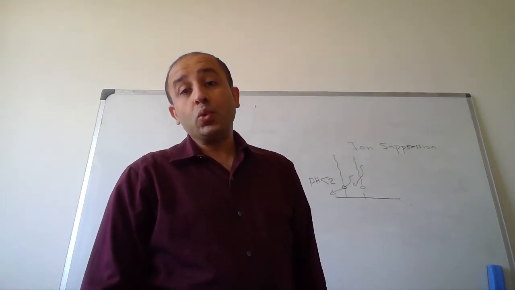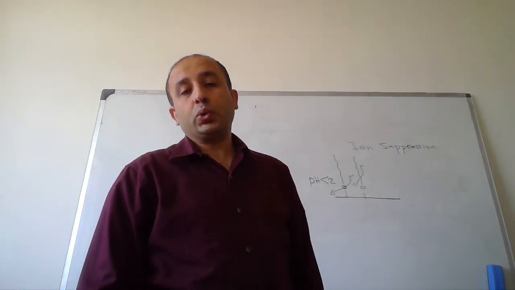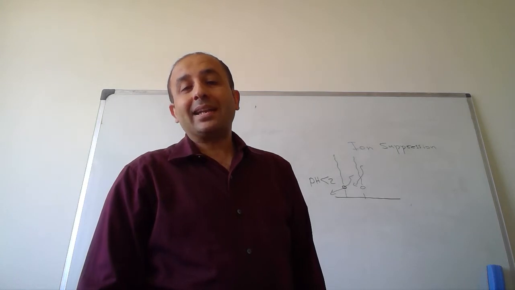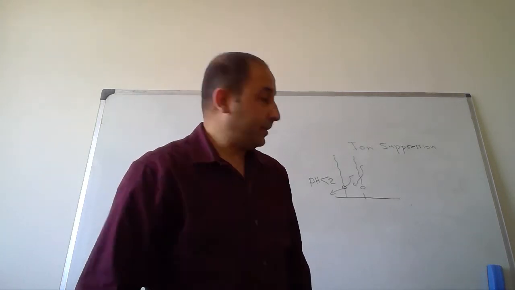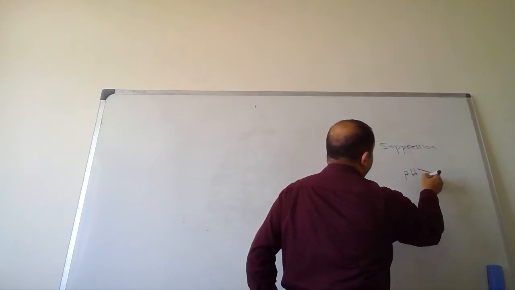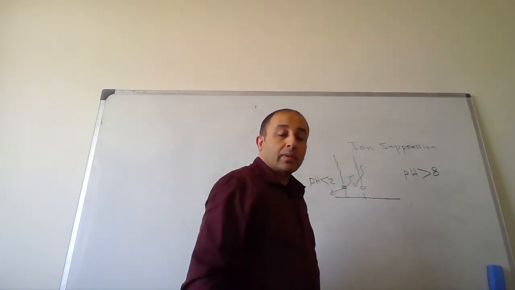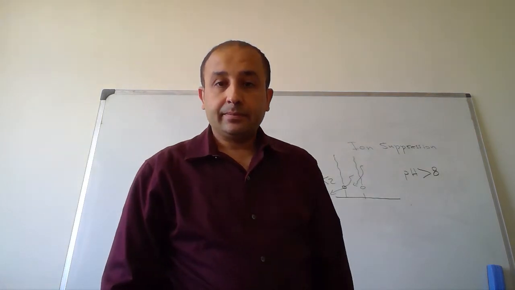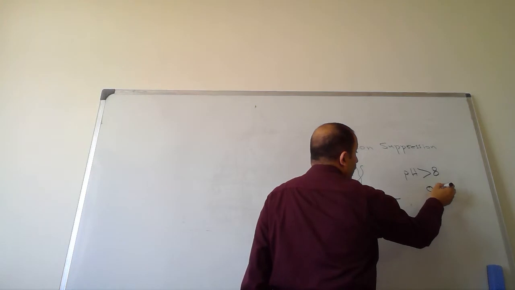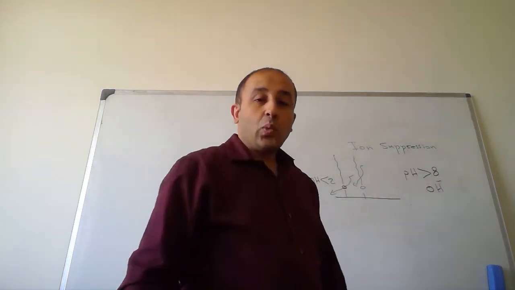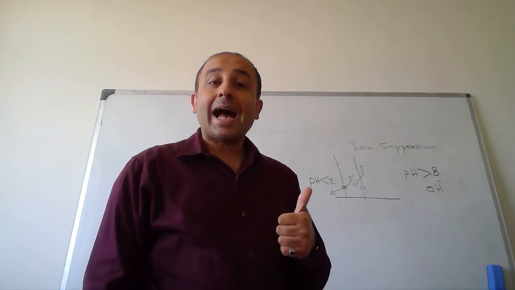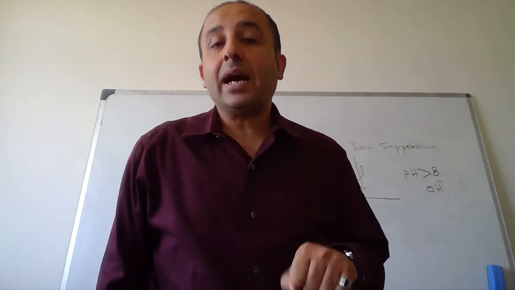So it's a taboo to use pH below 2. Meanwhile, we cannot use pH above 8. Now, a mobile phase pH above 8 will dissolve silica. The reason is that pH above 8 will be abundant in OH minus. Now, one of the characteristics of silicon is that it is highly fluorophilic and highly oxophilic.